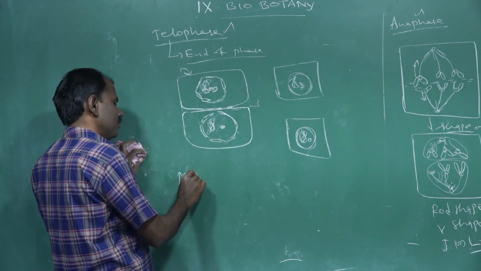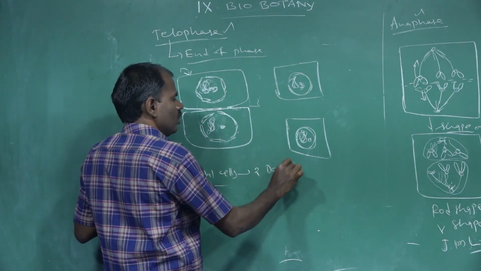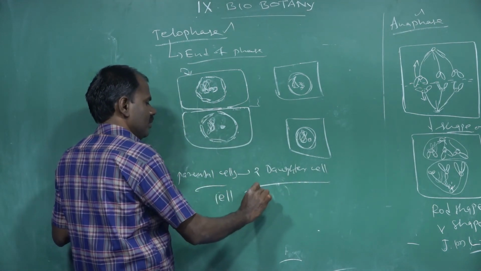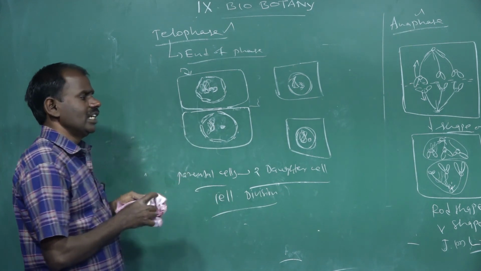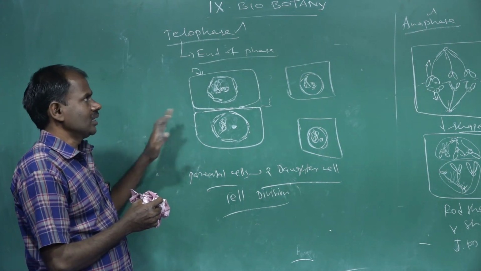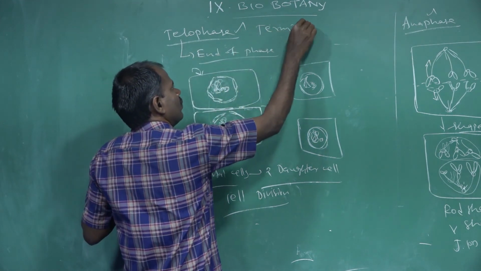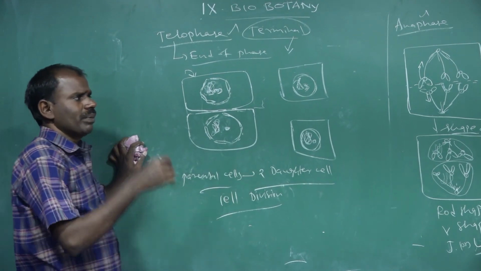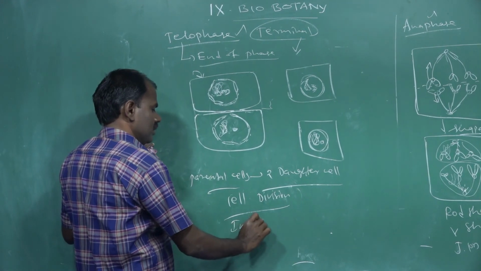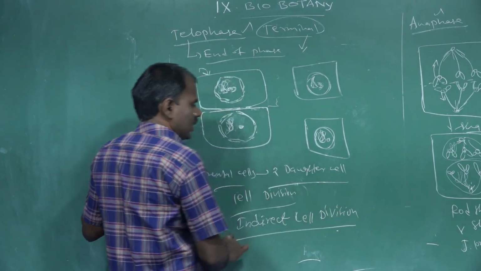In mitotic cell division, there are only four stages: prophase, metaphase, anaphase, and the last stage, telophase. Telophase is called the terminal phase, the end phase of mitotic cell division. These are all called indirect cell division.